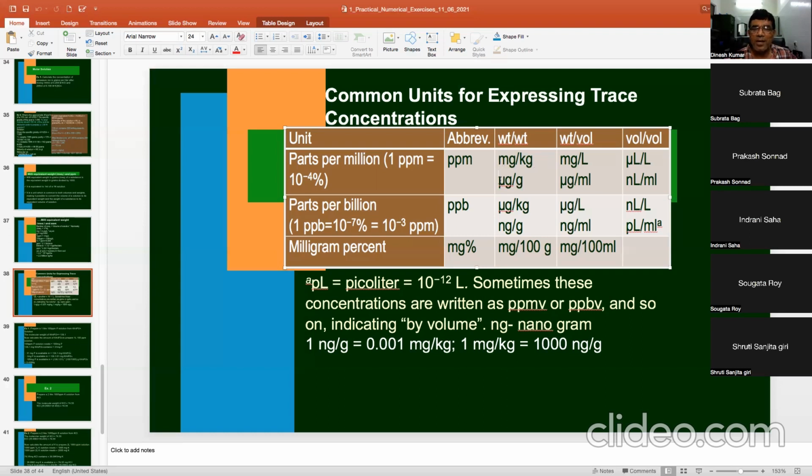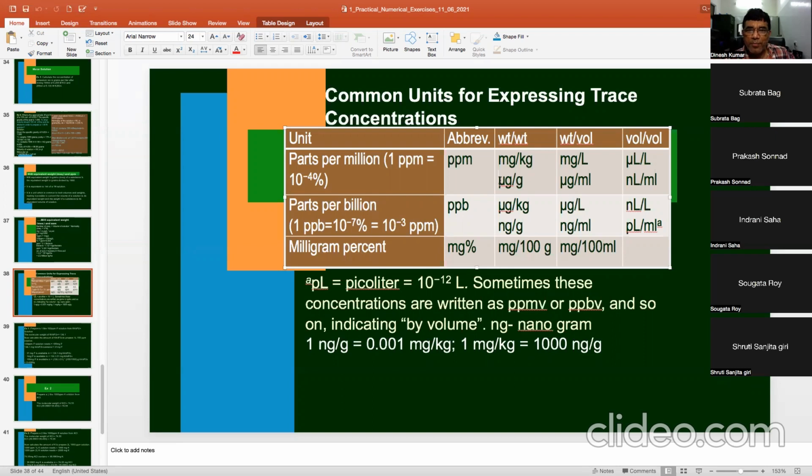So they are almost equivalent. You can remember the figure will remain the same, only the unit will change. Suppose you have 20 milligram per kg of substance, then you can also write it as 20 microgram per gram. These units have been made in an equivalent way.